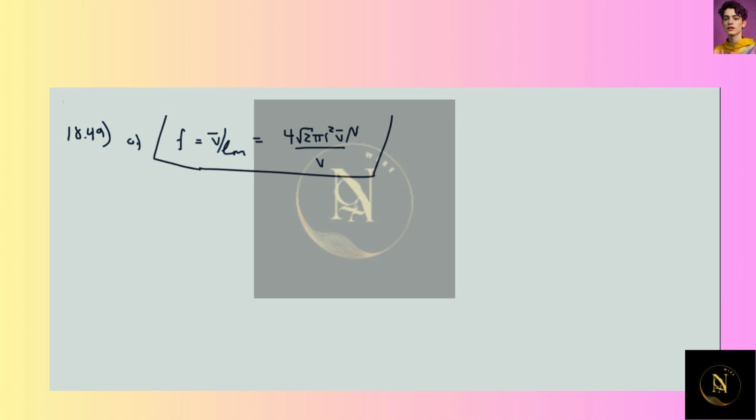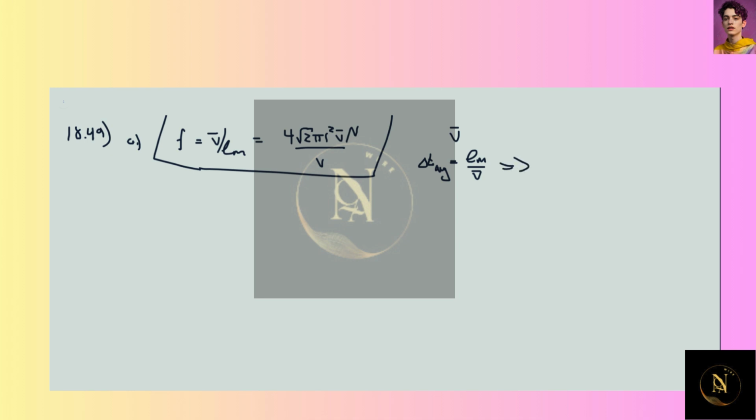To start this, we can think of the average speed of the molecule as v bar. Then that means the average time between collisions is the mean free path divided by that, right? So this gives us distance over velocity, which gives us a time. And if we want the frequency of that, that's just 1 over the time.